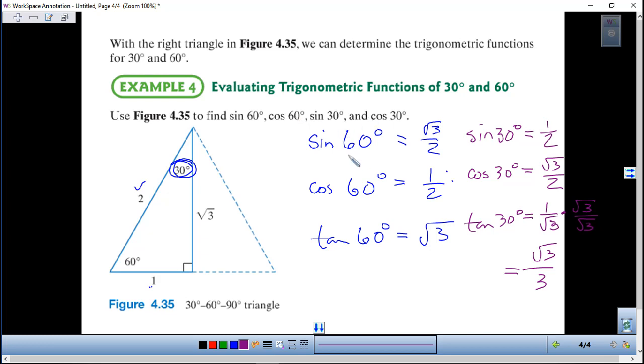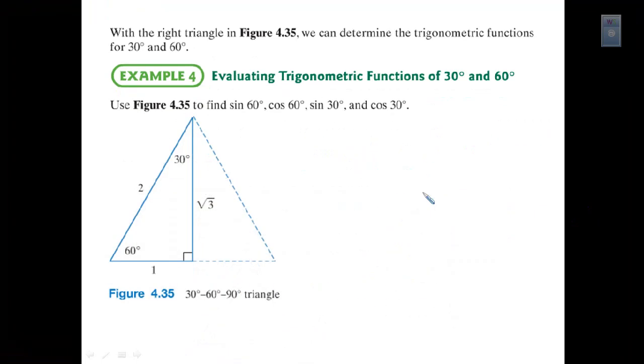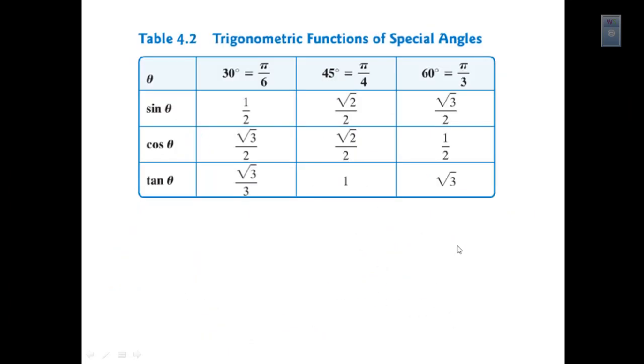And remember, 60 degrees is pi over 3, and 30 degrees is pi over 6. We'll look at those very much in depth in the coming weeks. All right, and here are those values.